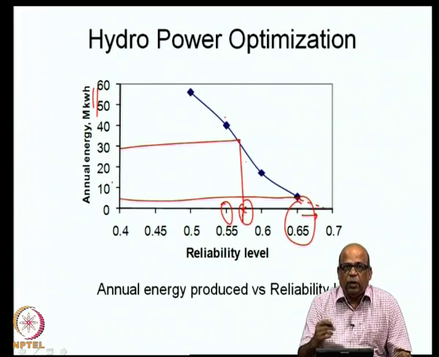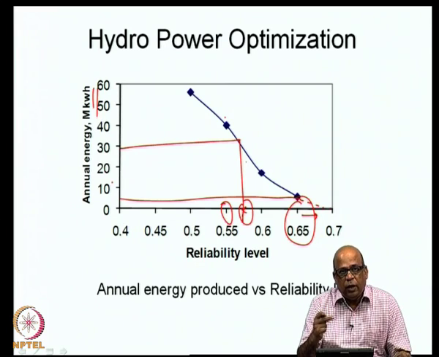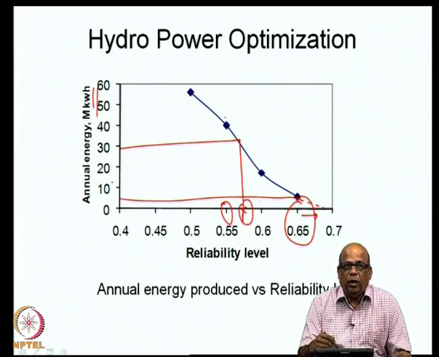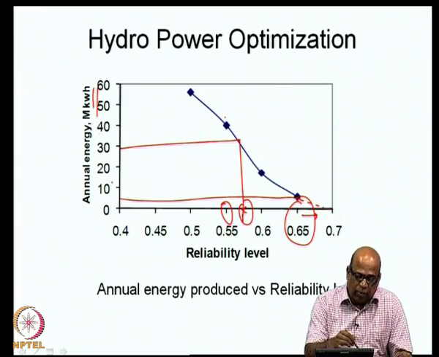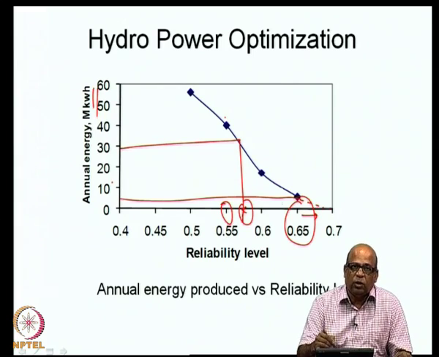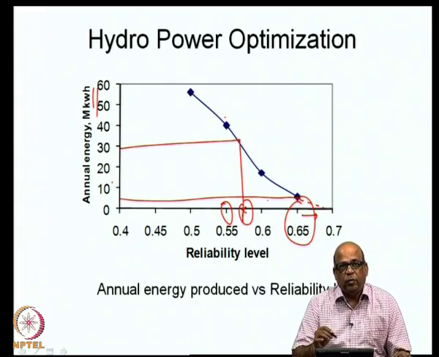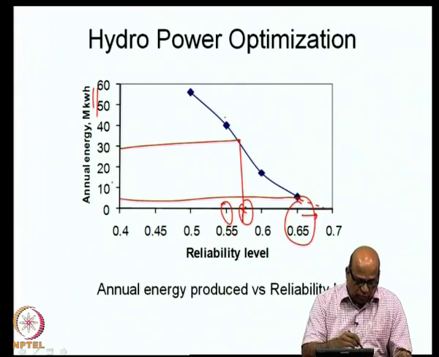So, the operating policy here will be decided based on a trade off between the reliability of meeting the irrigation demand here and the associated maximum hydropower that you can generate. Remember, this is the maximum hydropower that you can generate associated with this particular level. And how this gets decided?